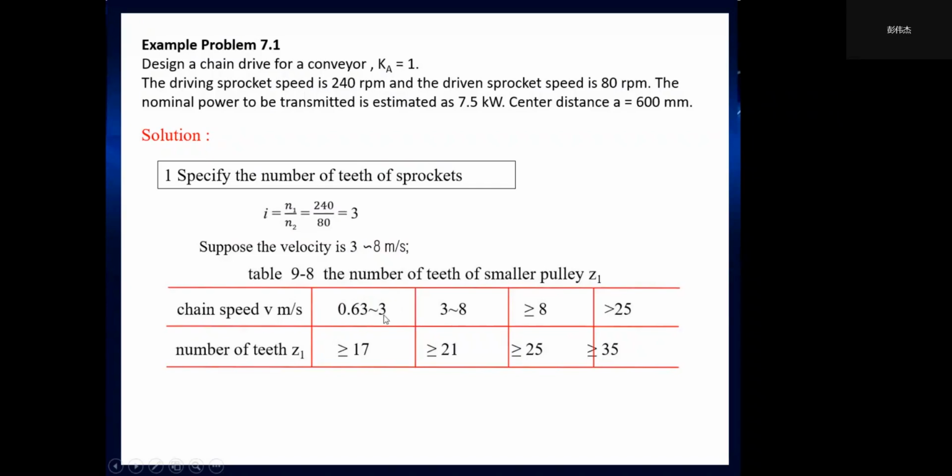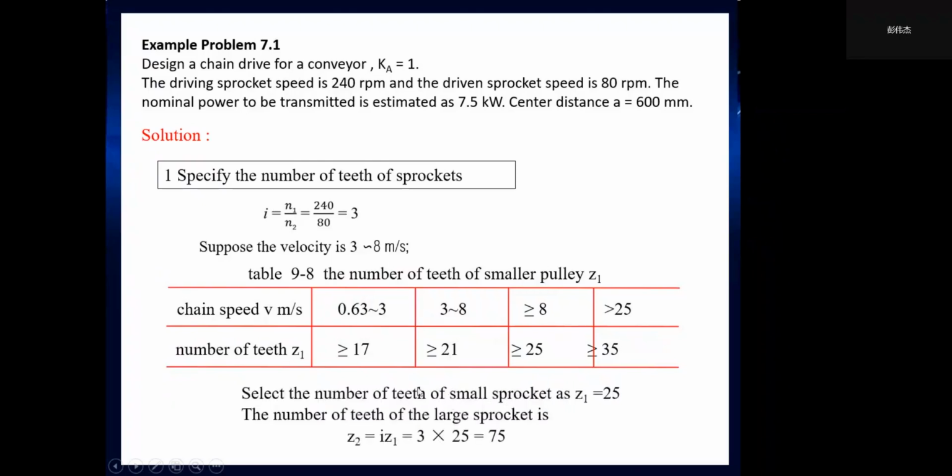From this table, we can select the number of teeth we want. We select the number of teeth of the smaller sprocket Z1 as 25. You can also choose another value, maybe 27, or maybe 23.